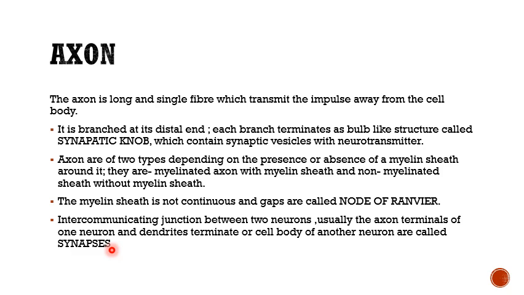The impulse from the end of the axon, that is the axon terminal, passes by the synaptic knob in the form of a chemical through the synapse, first reaching the dendrite, from dendrite to the cell body, from cell body to the axon, and then to the next nerve cell.